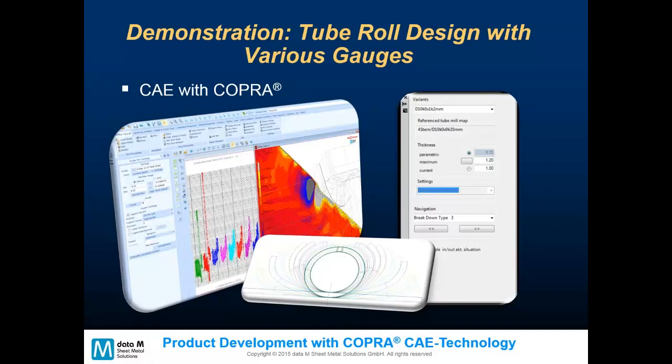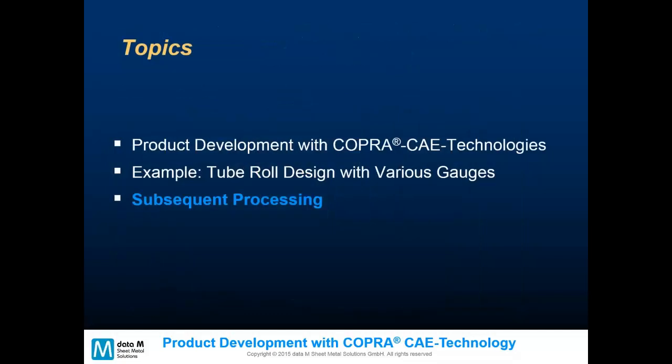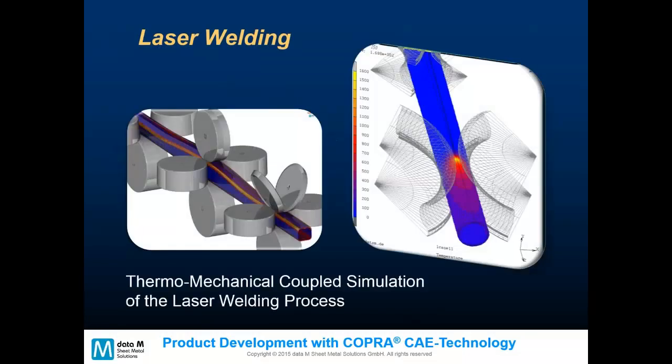Okay, so now I'd like to talk about some subsequent processing with CAE technologies. So, as we've all seen, laser welding, but we can also look at the thermomechanical coupled simulation of the laser welding process as we have here.